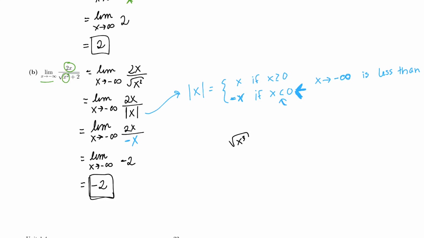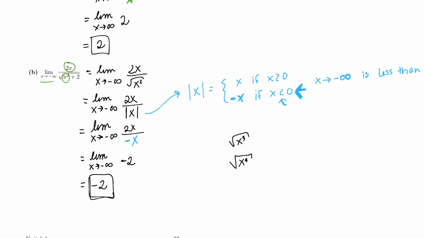There's not as big of a problem because if you plug in negative infinity, you just end up with a negative on the inside of a square root, so it doesn't work out. But if you have the square root of x to the 4th, this is where the conversation gets a bit more weird.